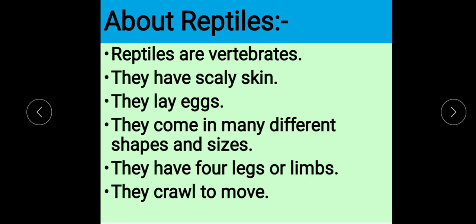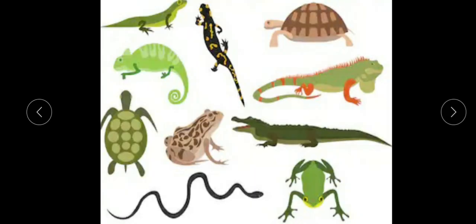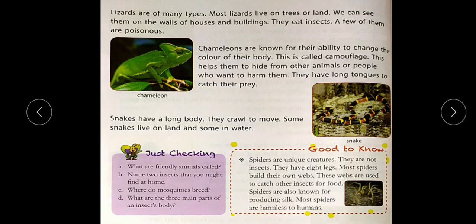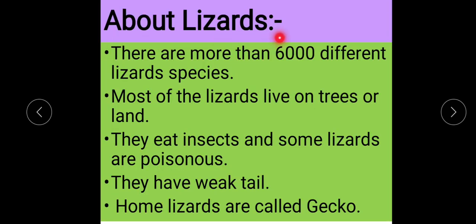Okay, first we will discuss lizards. These are some different reptiles. About lizards, there are more than 6,000 different lizard species. See, when we were talking about reptiles, one point was that reptiles come in many different shapes and sizes.